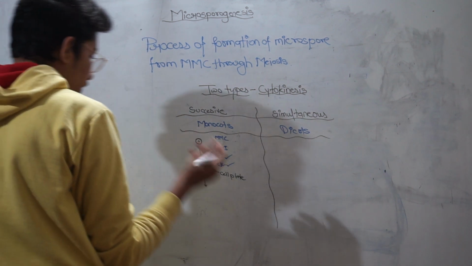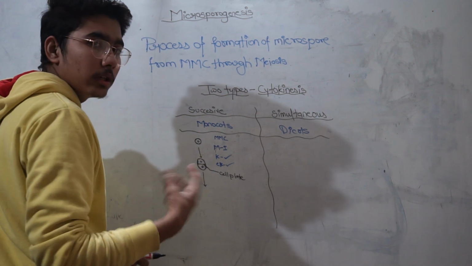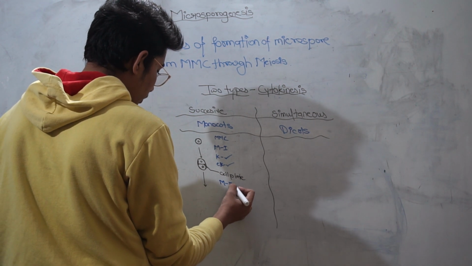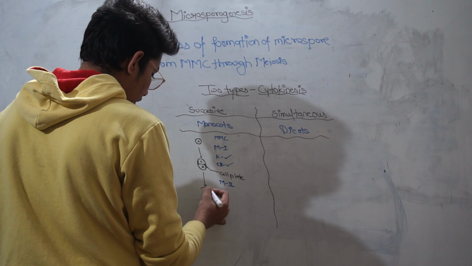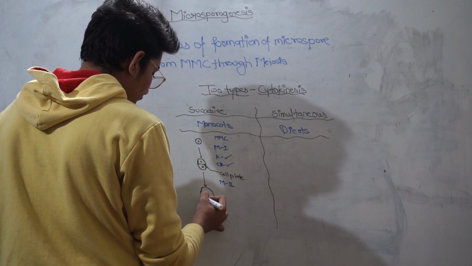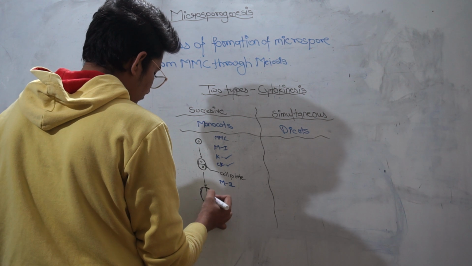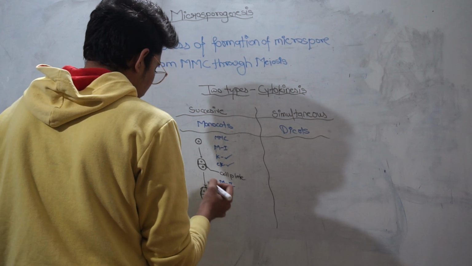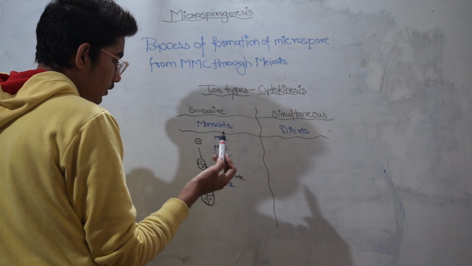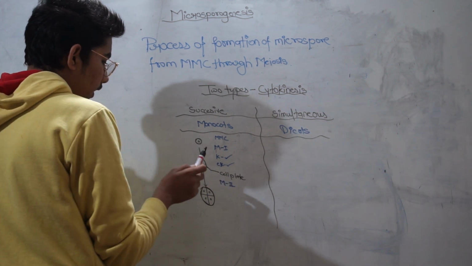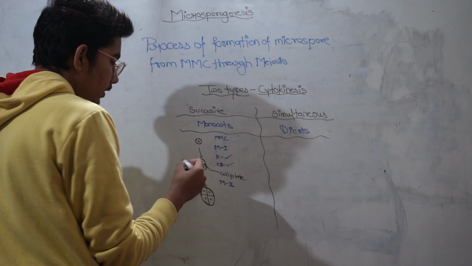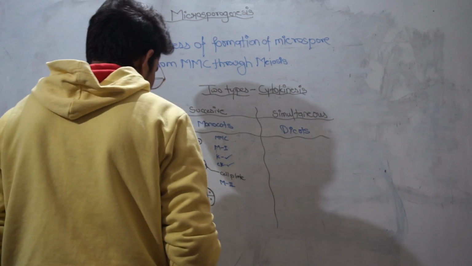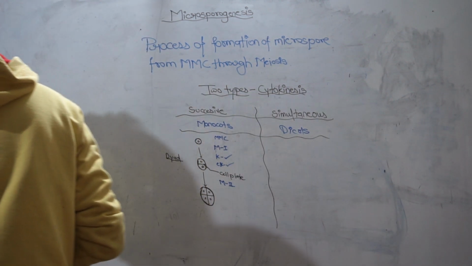Now, after this the cell undergoes the second phase of meiosis, that is meiosis 2, and again there will be the formation of one more cell plate which forms vertically, and now there are four cells. In the first phase, this cell divides into two due to the formation of the cell plate. It is known as a dyad.